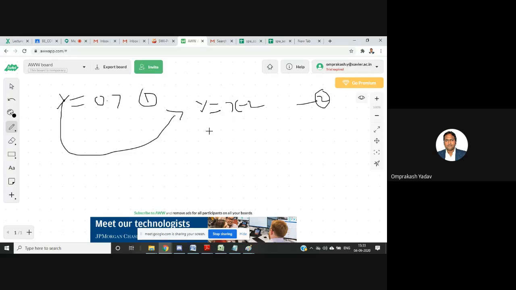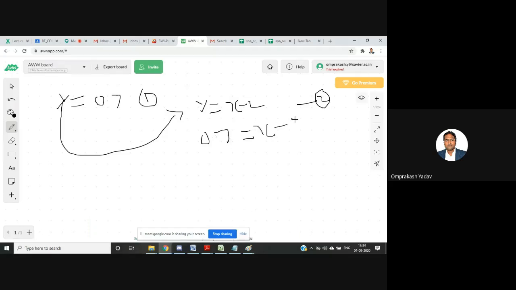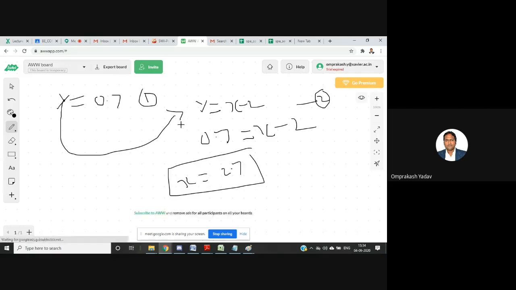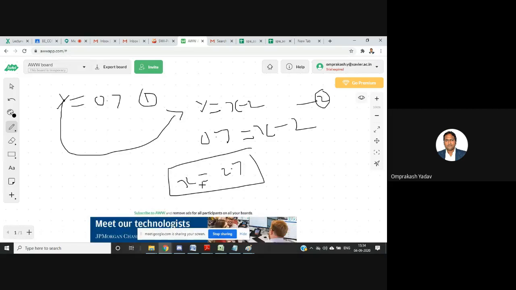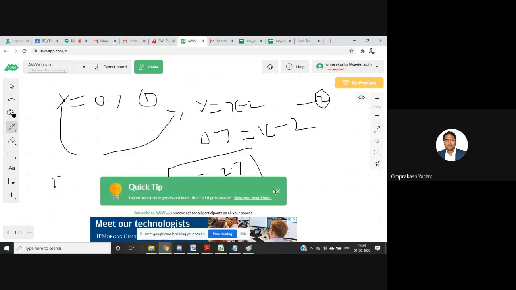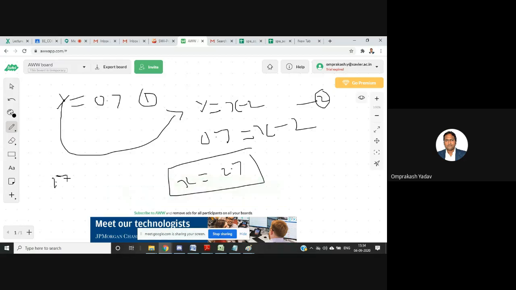So let's substitute 0.7 equal to x minus 2. So x will be what? 2.7, right? So for these two lines, I got the x and y coordinate. X coordinate is 2.7, and y coordinate is 0.7. Okay, I got both the points.